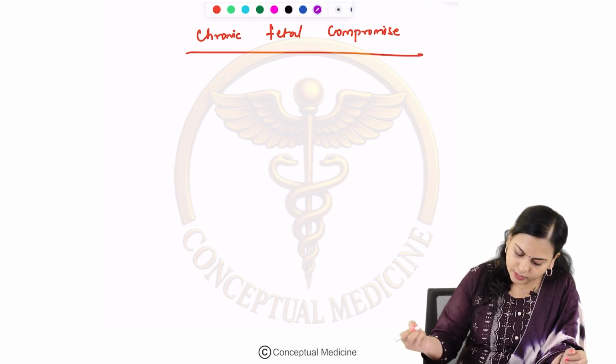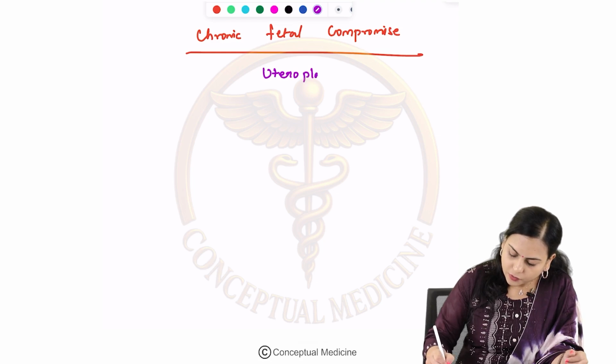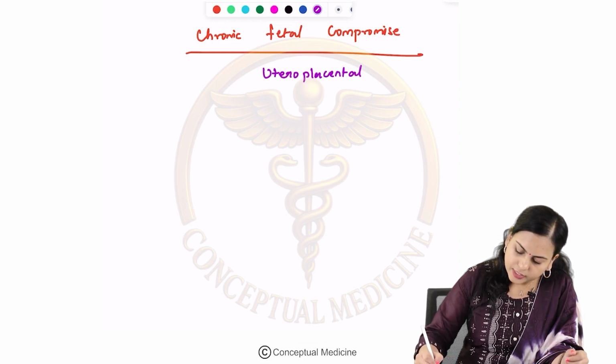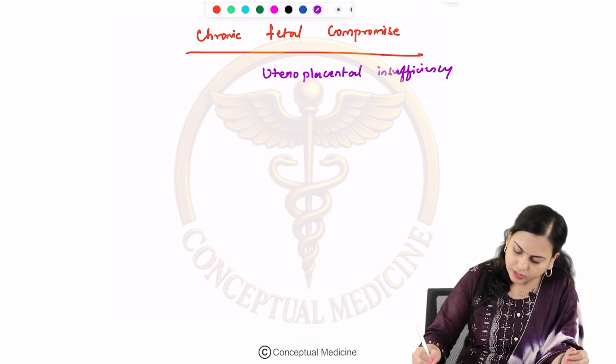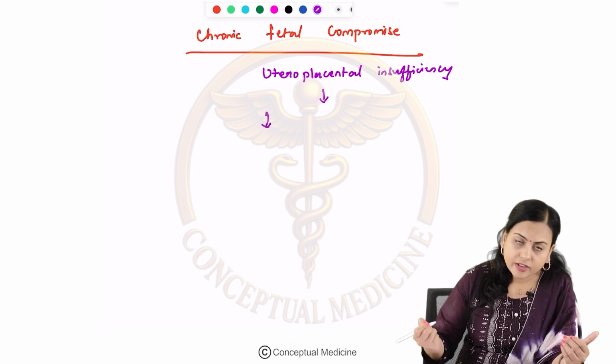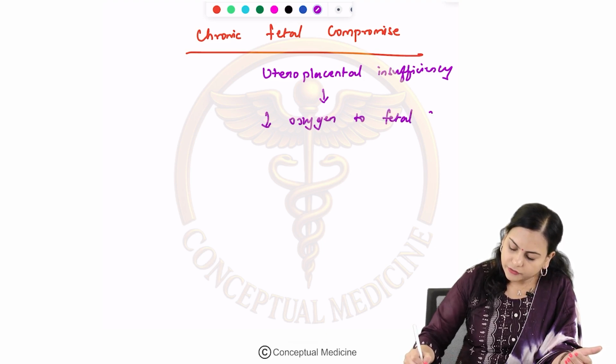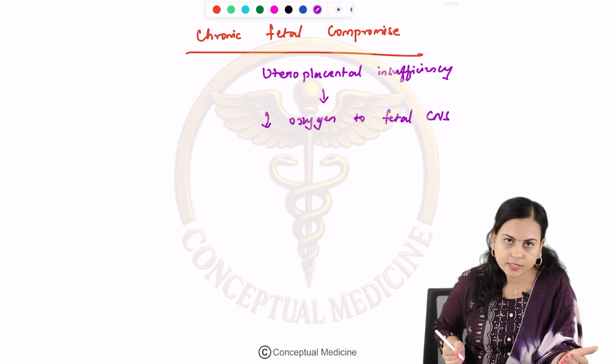First, there is uteroplacental insufficiency. When there is uteroplacental insufficiency, there is reduced supply of oxygen to the fetal central nervous system.